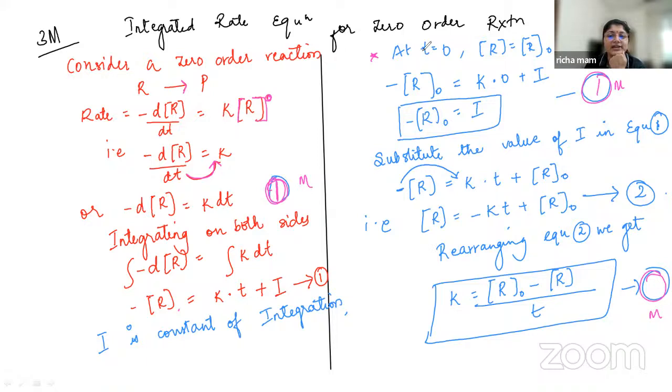The conditions are: at T equal to 0, R will be equal to R naught. That is your initial concentration.